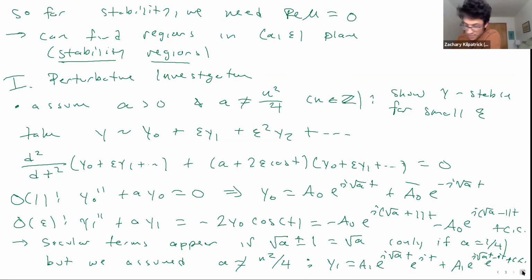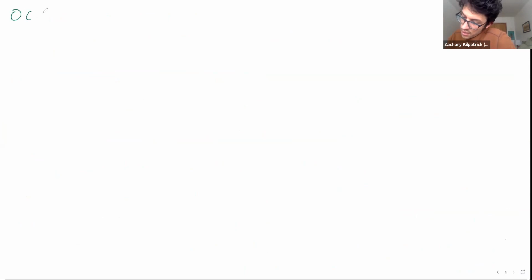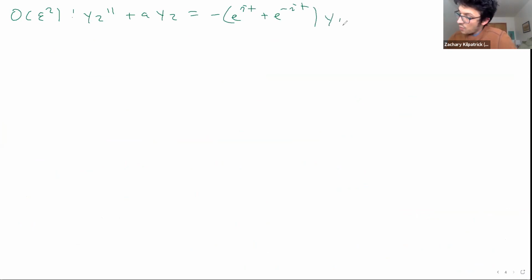Now, if we go to next order, epsilon squared, we get that y2 prime prime plus a y2 is equal to minus e to the it plus e to the minus it times y1. And again, we don't have any secular terms, because a is not equal to n squared over 4.